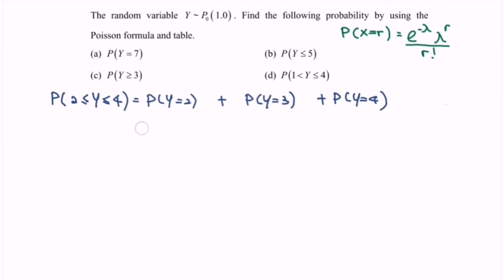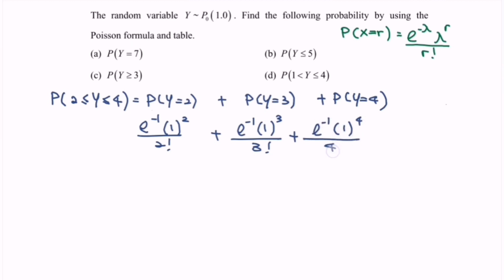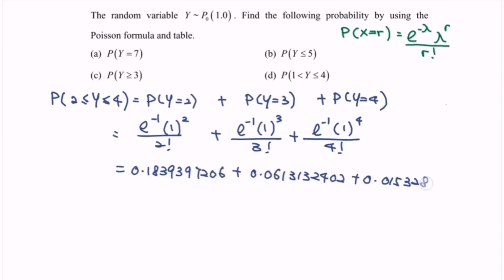Kindly substitute the formula, plus e to the power negative 1, 1 to the power of 3 over 3 factorial, plus e to the power negative 1, 1 to the power of 4 over 4 factorial. If we sum up the situation, the probability that y is greater than 1 and less than or equal to 4 will be equal to 0.2606.